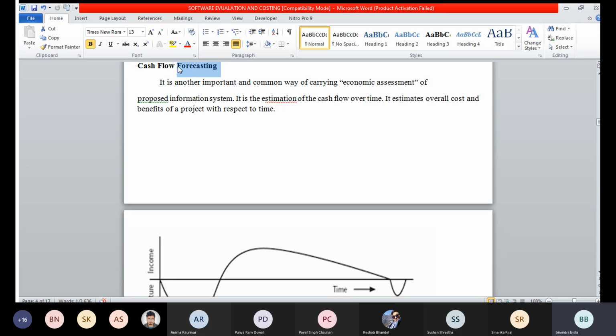So where, how much money is going to be invested and how much money is going to come back from that project, त्यसलाई हामी cash flow forecasting भन्छौँ.